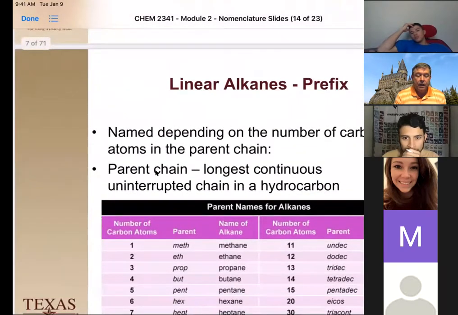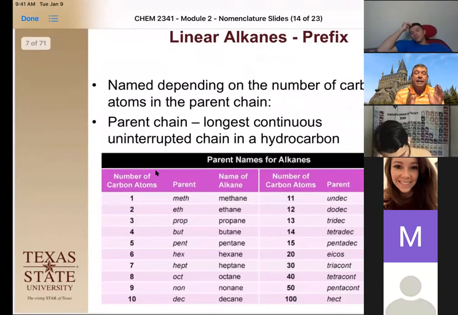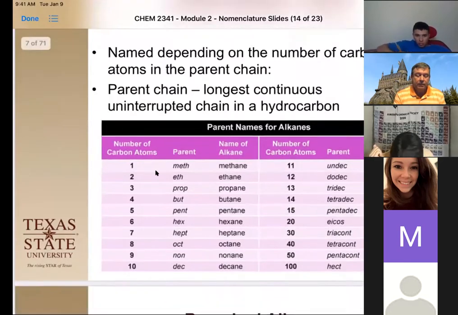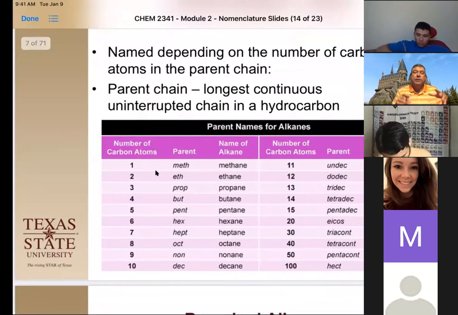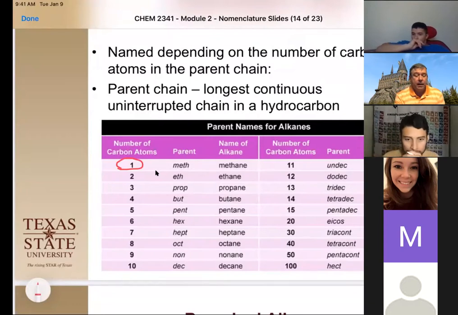Okay, so because we name the hydrocarbon based on the number of carbons in the parent chain, we have to have a systematic way of telling us the number of carbons and what that name would be. The hydrocarbon names are based on that number of carbons. So for example, if we only have one carbon in the chain, that's the simplest hydrocarbon we can make, and it starts with the parent name meth, okay?